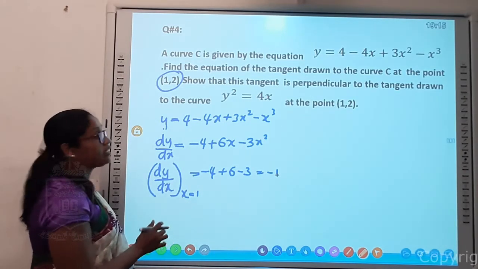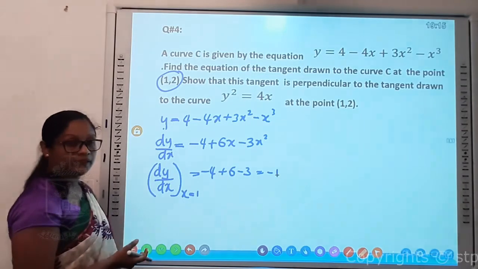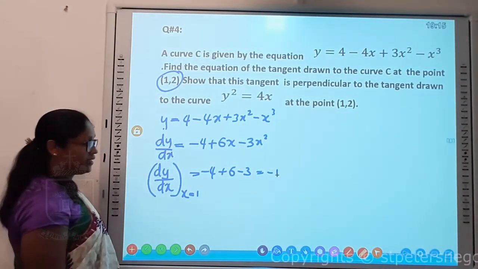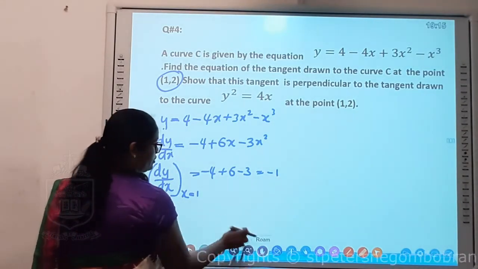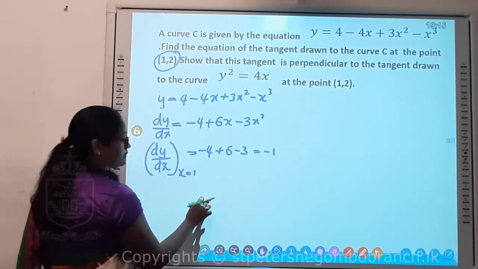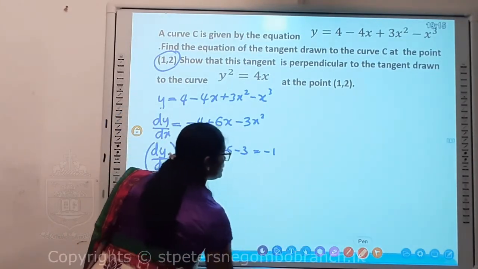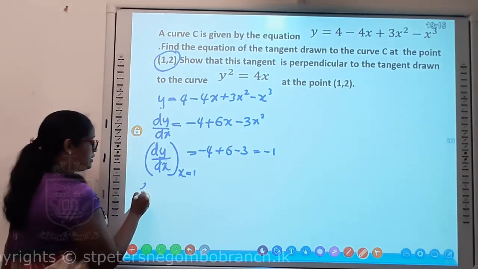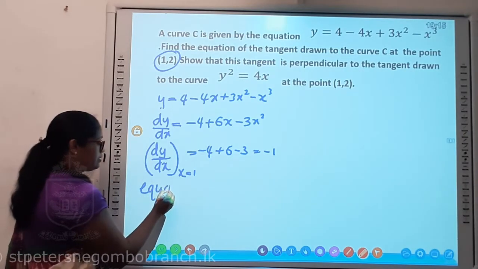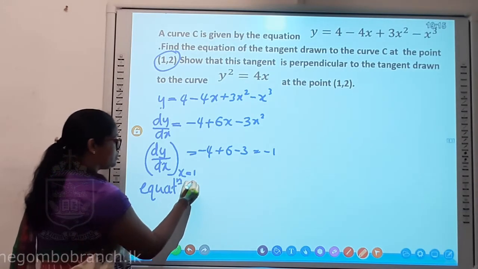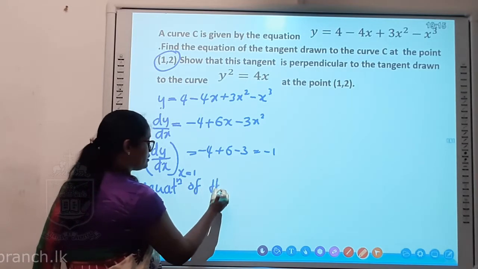Now we have the gradient and also the point is already there. No need to find the point again. And we'll try to find the equation of the tangent.